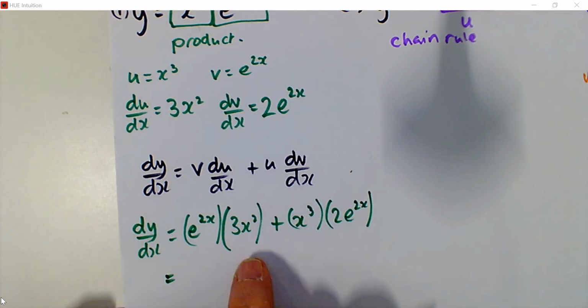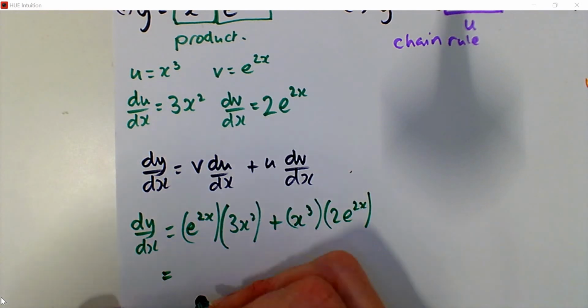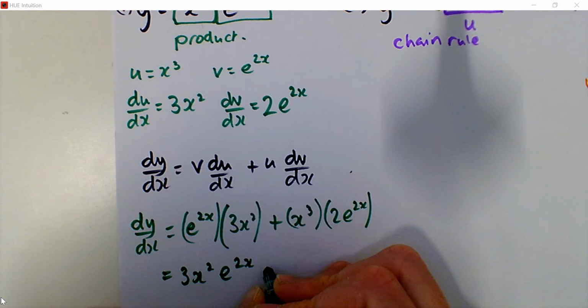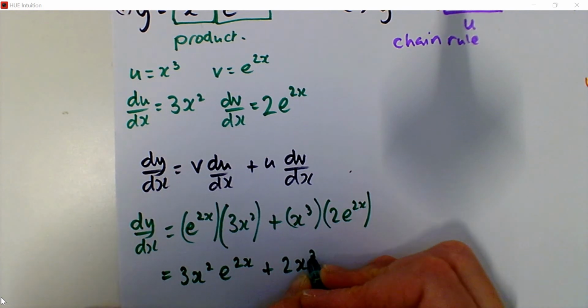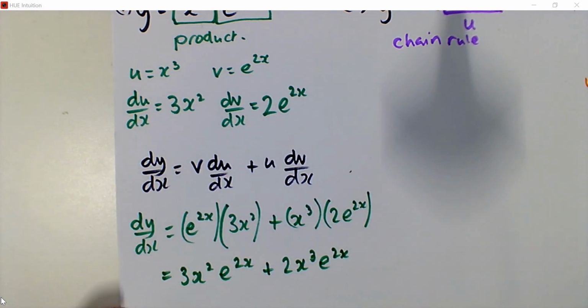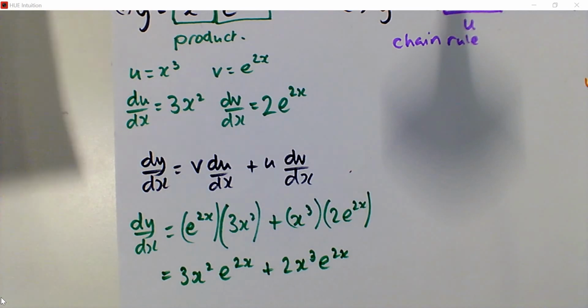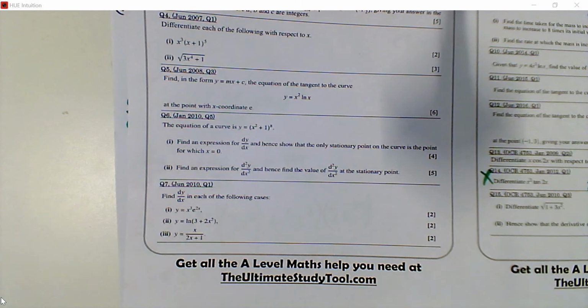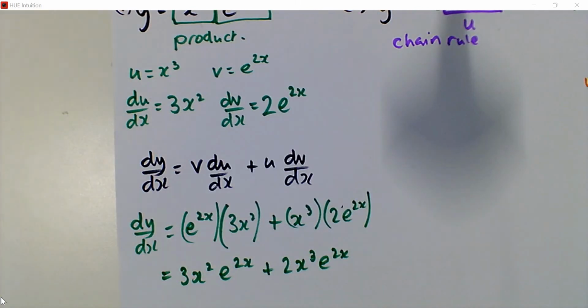Then we do need to tidy slightly to put the numbers at the front. So I'll write 3x squared e to the 2x plus 2x cubed e to the 2x. And just stop there, because the question just says find dy by dx in each of these cases. It doesn't say simplify. So don't waste your time, because you'll need as much time as you can get in your A-level exam.